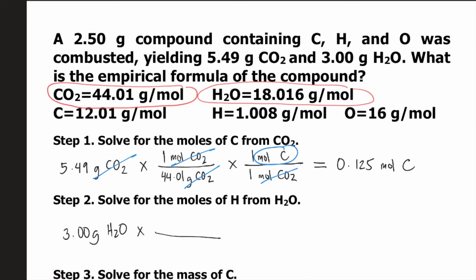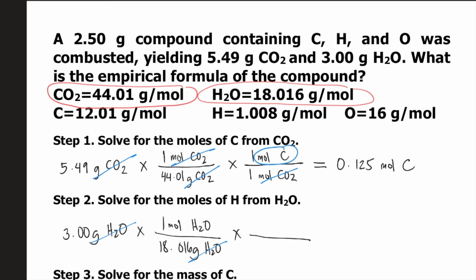So again, 1 mole of water is equivalent to 18.016 grams of water. So the grams of water cancels out. Now we have moles of water. But what we want is moles of hydrogen.